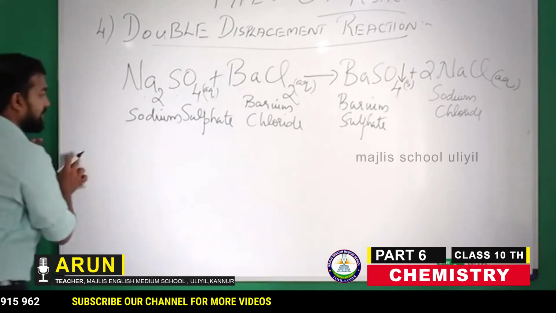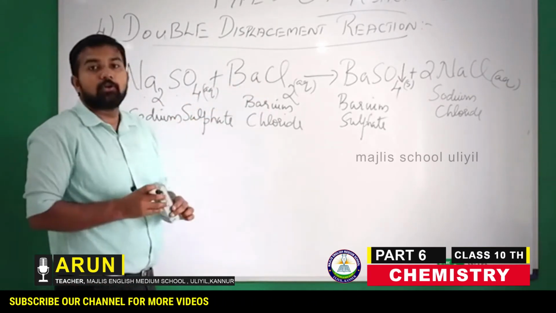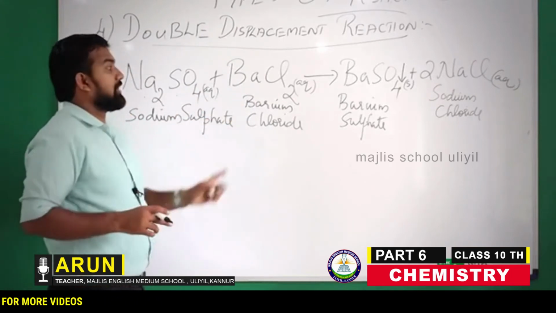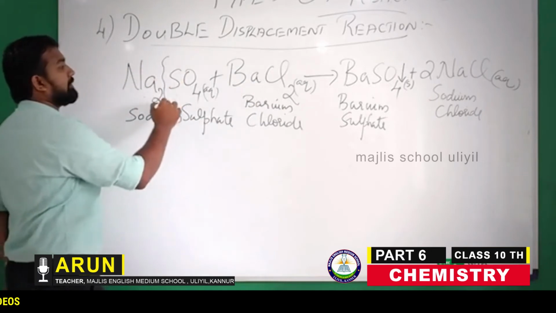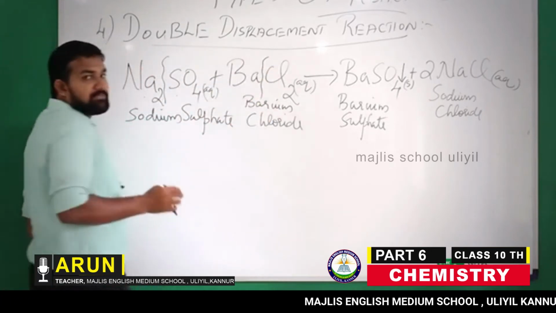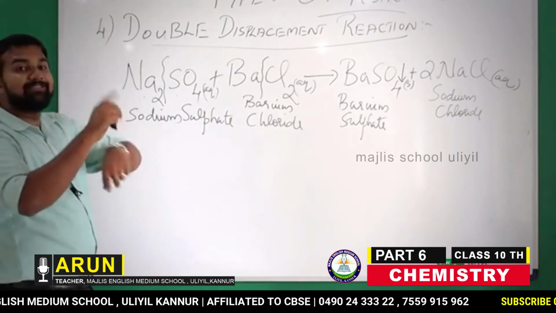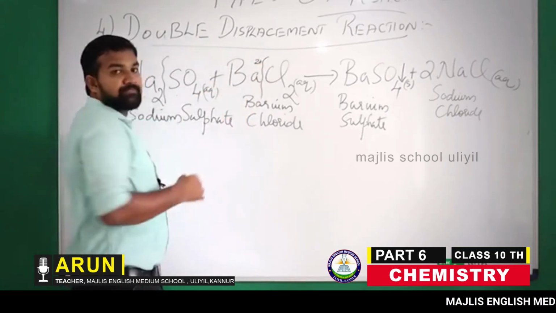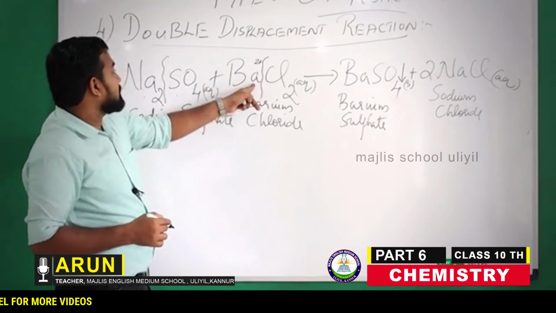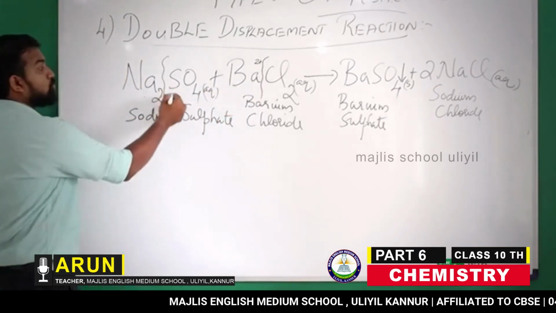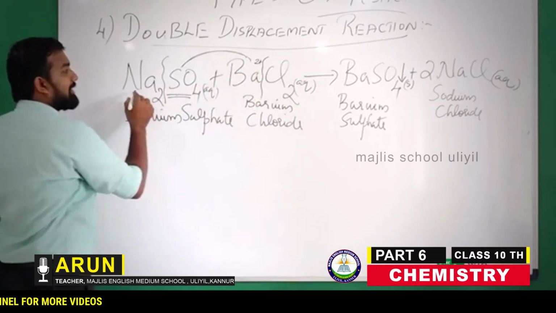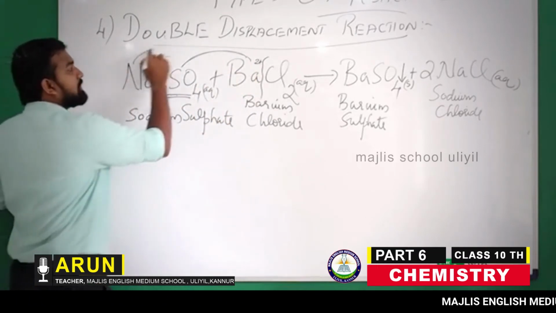When sodium sulfate and barium chloride were mixed together, the sodium and the barium interchanged the ions. The positive barium, Ba2 plus, came to the sulfate, and they attached together as barium sulfate.